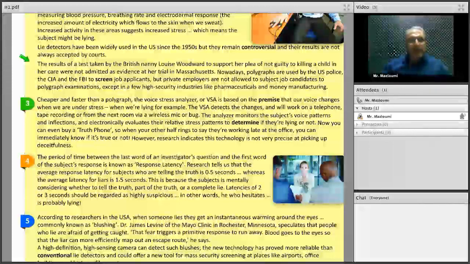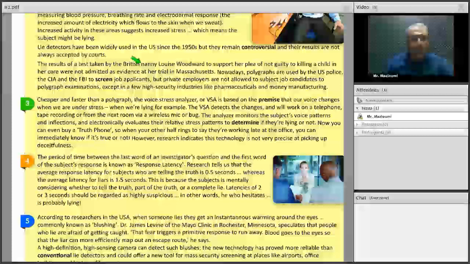She was a British nanny. So she was from Britain, and she was a nanny. You know, nanny means someone who takes care of a child. This nanny was accused of killing or murdering a child in her care. She was just responsible for.